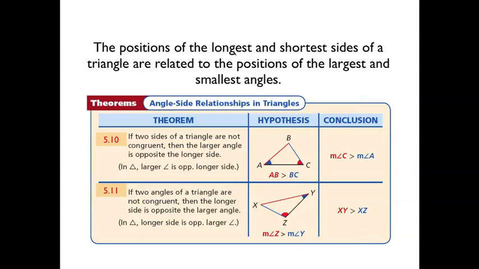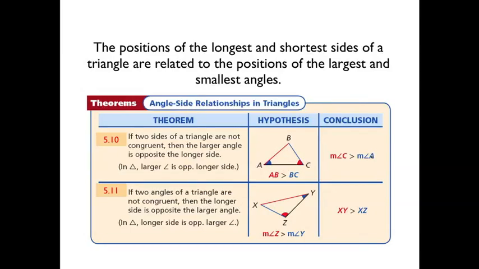So in this case, what we're saying is that side AB has to be longer than side BC. Well, side AB is opposite angle C, and side BC is opposite angle A. So the angle C opposite the bigger side is bigger than the angle opposite the smaller side.